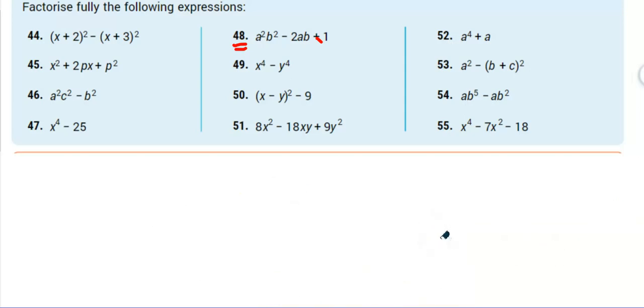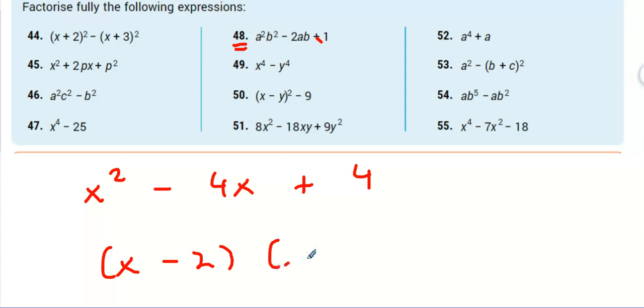Okay. Now take this one. Once again, I'm going to make up a quadratic equation for myself. I'm going to make up x squared minus 4x plus 4, same thing as last time. Are we cool with that? What do we know the answer is again? We know it's x minus 2 and x minus 2. Okay. Now, what happens if I add on a y here? I just manipulate it slightly, and I ask you to factorize that instead.